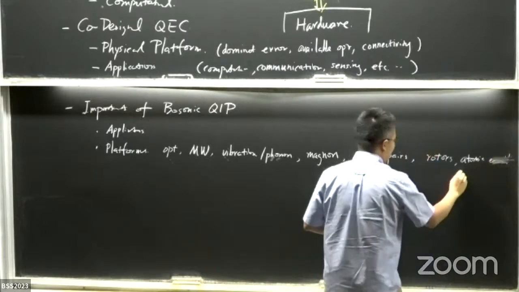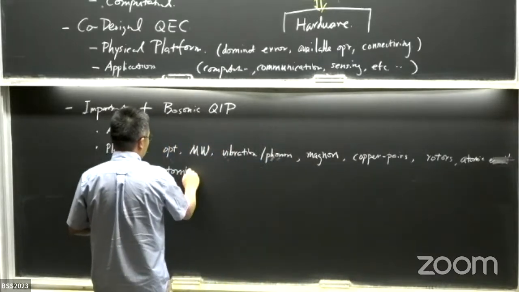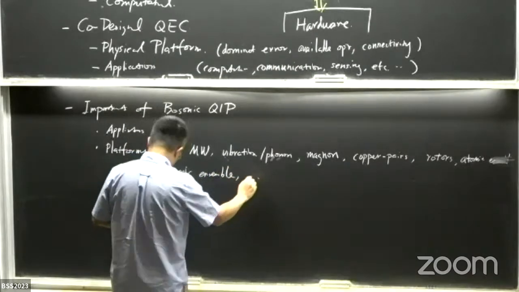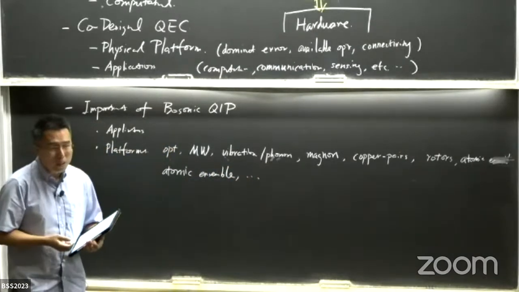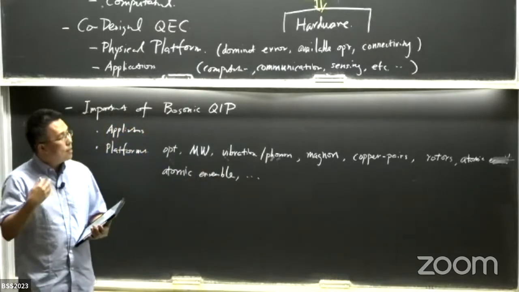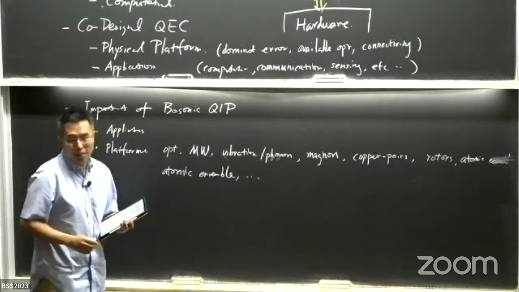Okay, maybe I'll just write it here. So there are actually a lot more. The purpose I want to list here is that once you're in a correct regime, there are many systems that we can model with bosons.